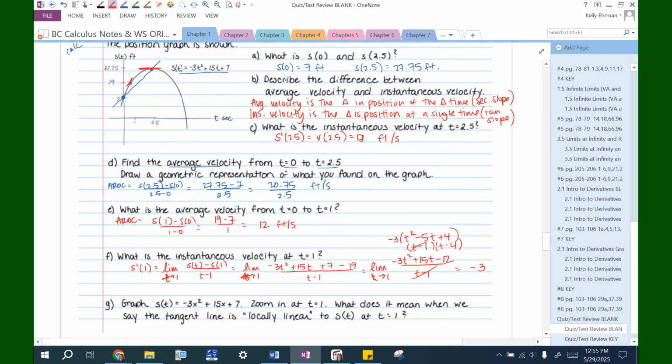We factored out a negative 3. I got positive t squared. Did I get minus 5t? Because that says plus. Somebody catch my mistake for me. What am I doing? Minus 19. Oh, I don't see the mistake. The t minus 1 cancels. Plug 1 into that. This does not look like a negative 3 slope, does it?